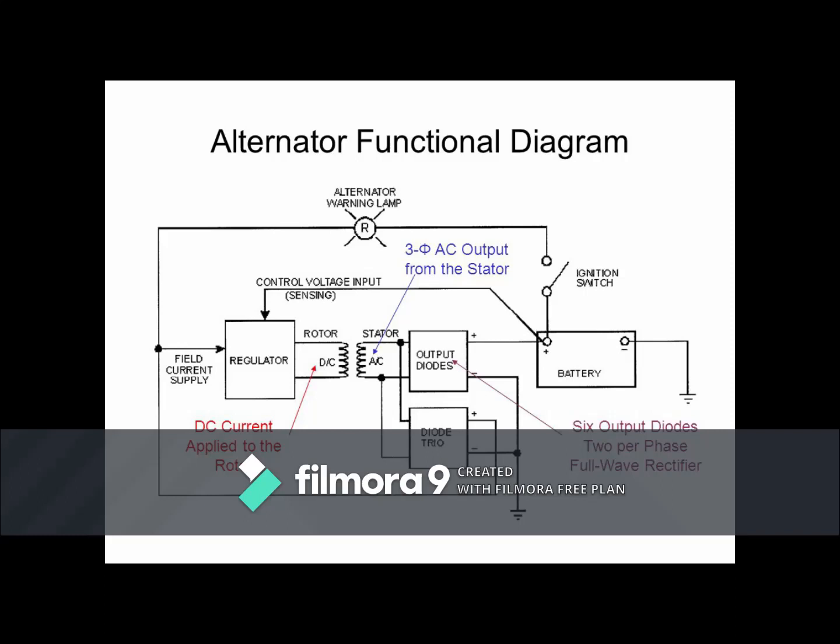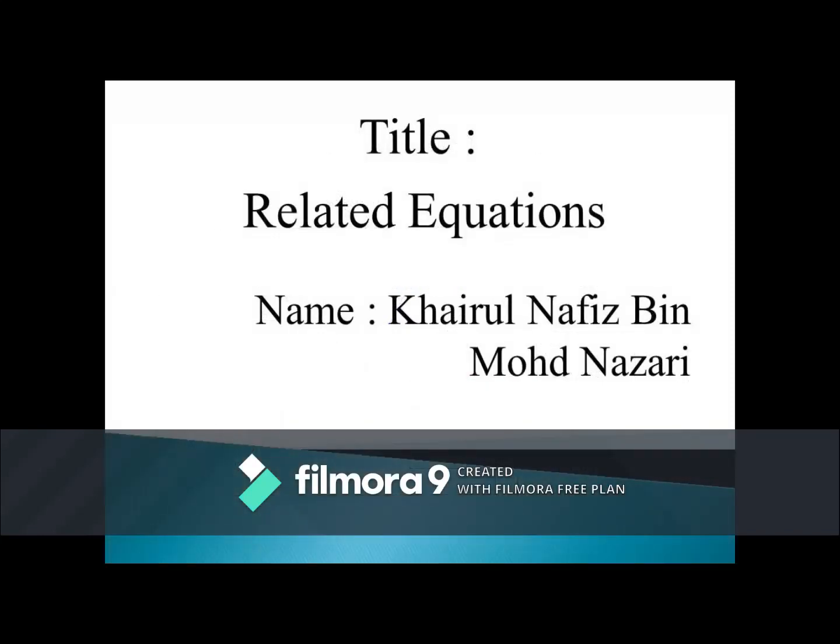The positive of the diode trio connects to the field current supply to the regulator, and it also connects to the positive battery. The positive battery controls the voltage input to the regulator, and the negative of the battery connects to the ground.